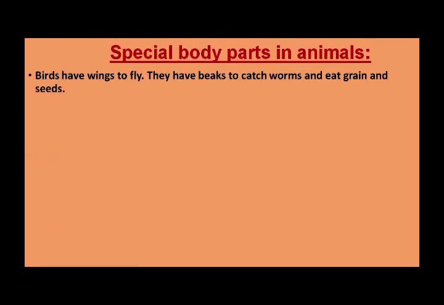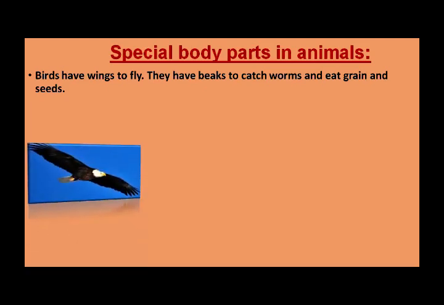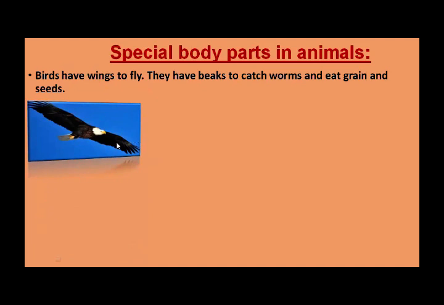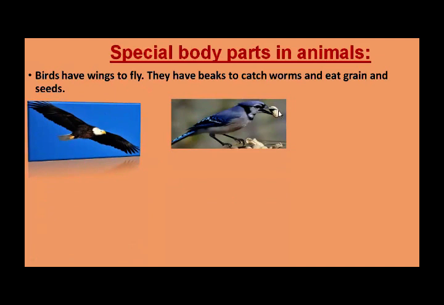So, the special body parts in animals. Okay, beta? Some animals have special features, for example birds. Birds have wings to fly. You can see here an eagle. They have wings, and wings help them to fly. And they have a beak.